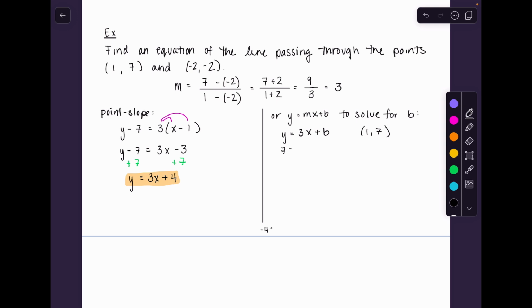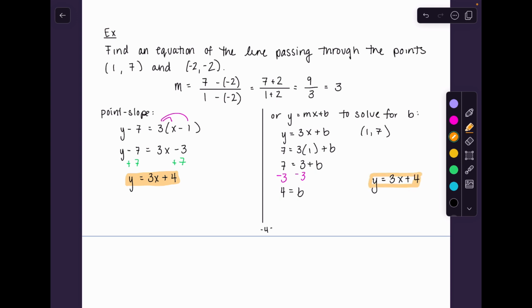So the y coordinate is 7, the x coordinate is 1, and we have no idea what b is. So 3 times 1 is 3. And then solving for b, we still end up with the same thing, that 4 is the value of the y-intercept. So the equation of our line is y equals 3x plus 4.